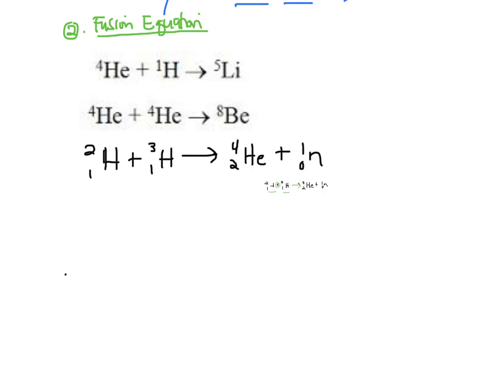So those are three examples of fusion reactions. Now, it's easy to tell fusion reactions because you're always joining, so you've got two small atoms and you're joining them together, so that would be considered a fusion reaction.